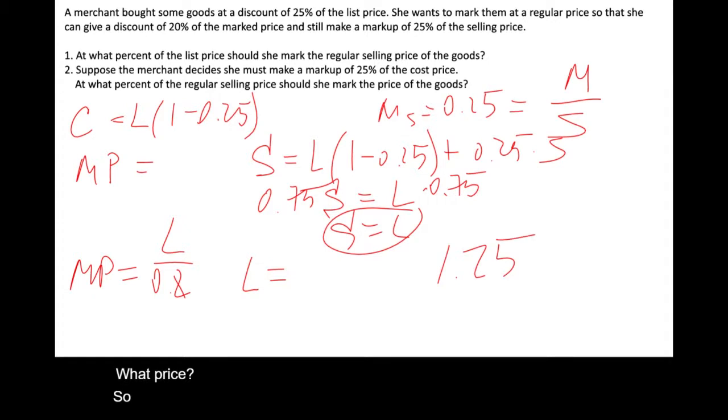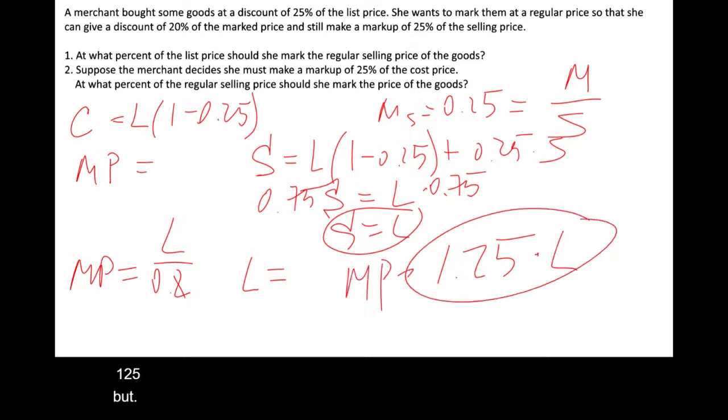So 125. 125, right? That's it. Marked 125. So the price before her discount should be marked 1.25.